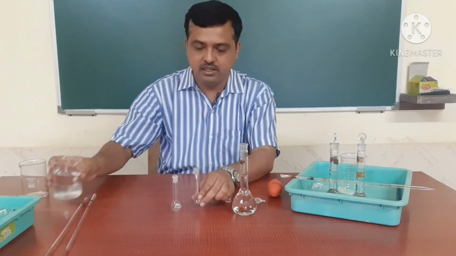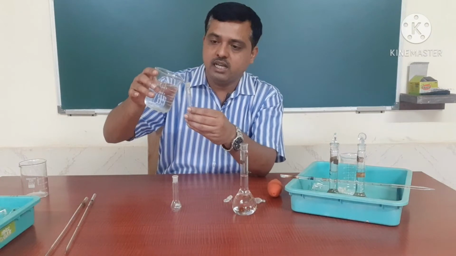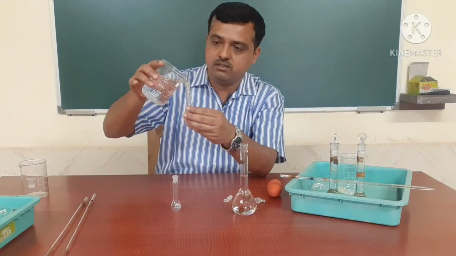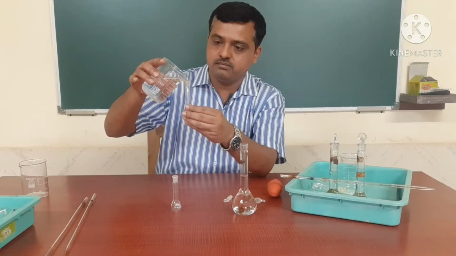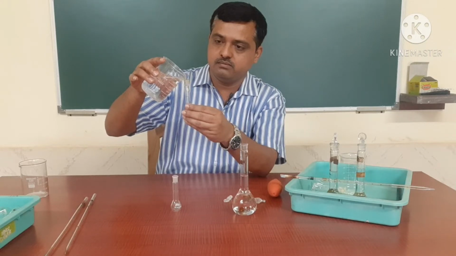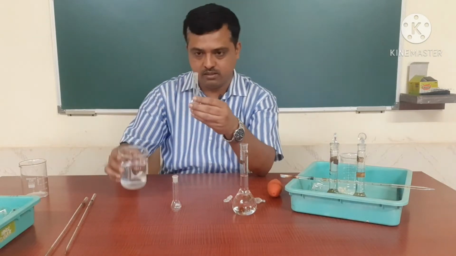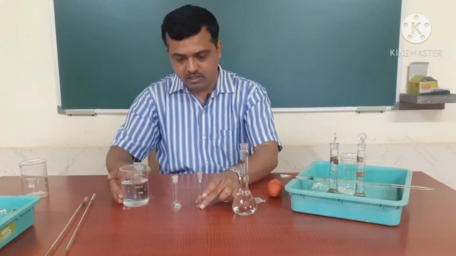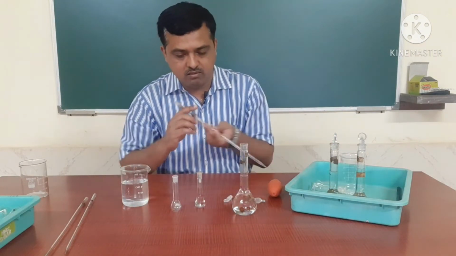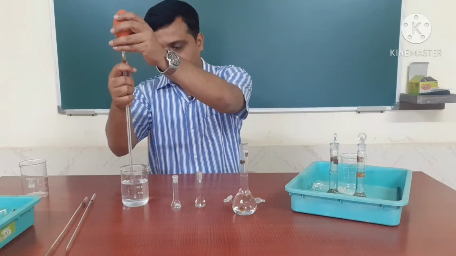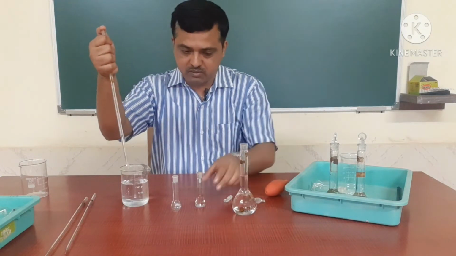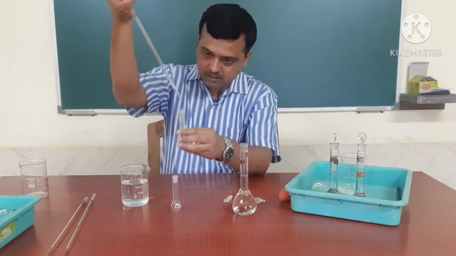Now I am taking distilled water and diluting this to 10 ml. Diluting in a 10 ml volumetric flask is quite tedious, so the final volume adjustment we will be doing with the pipette.